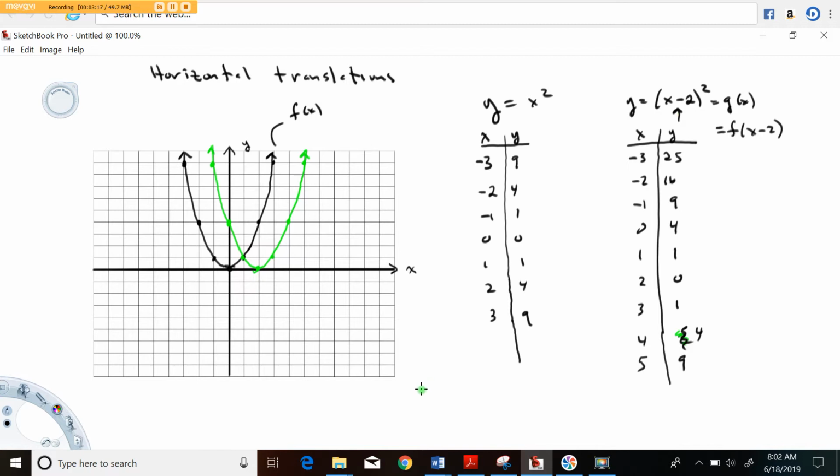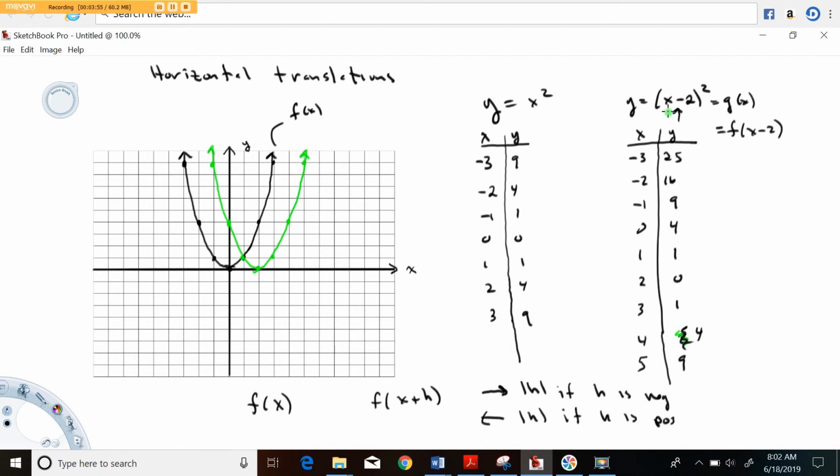In general, if I take a function f of x, no matter what that function is, and then I compare it to, let's say, f of x plus h, where h is just some number, these graphs are going to be identical, but horizontally shifted to the right by an amount absolute value of h if h is negative, and to the left by an amount h if h is positive.